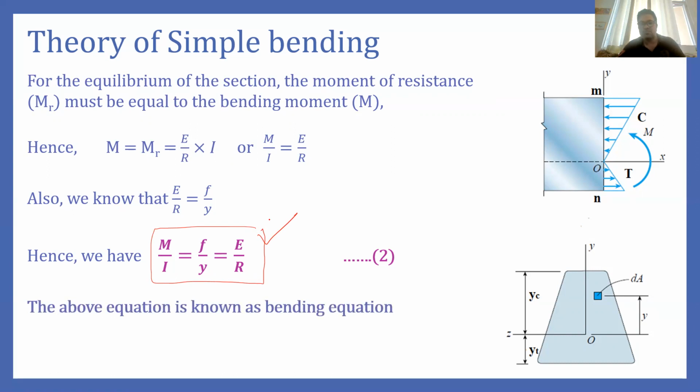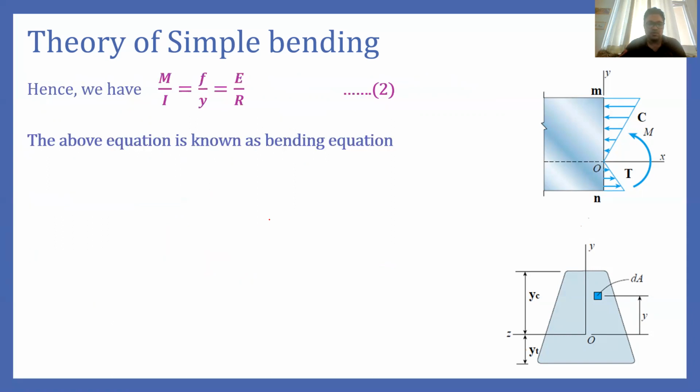This bending equation is very important for analyzing and designing the beam. From this equation, there is one more term which we can derive, and that term is section modulus. In the design of the beam, sometimes the dimension of the beam is written in the form of section modulus. How can we find this section modulus?